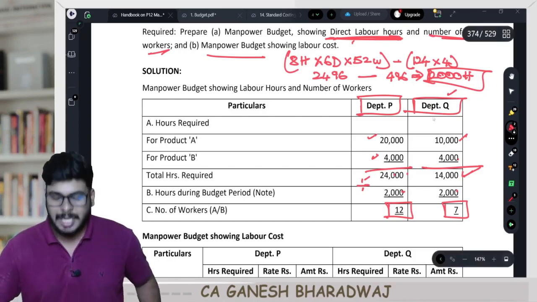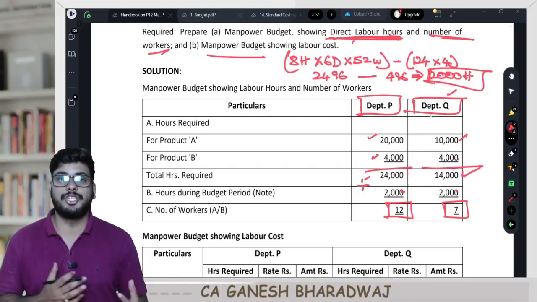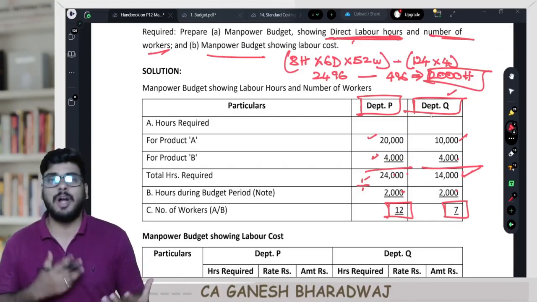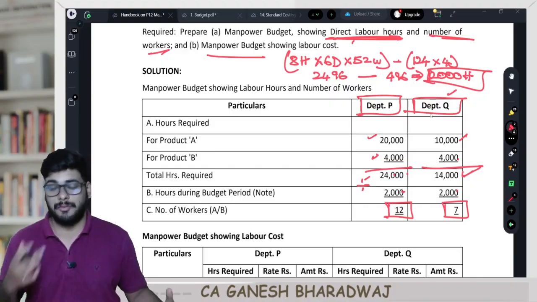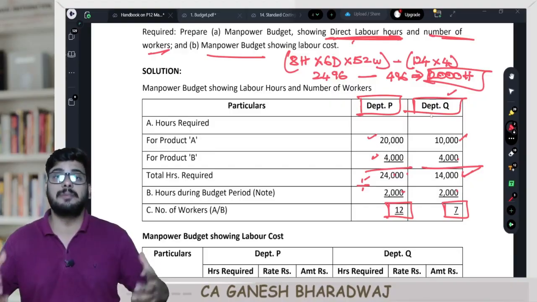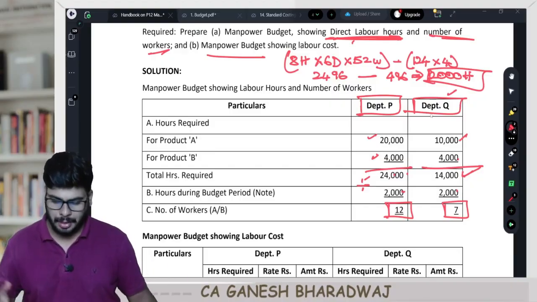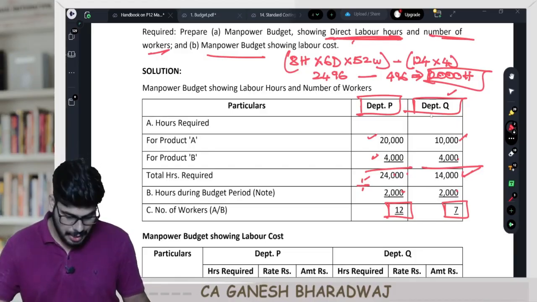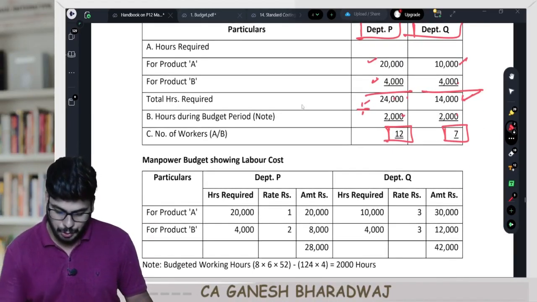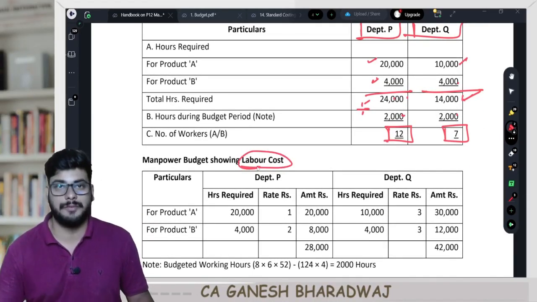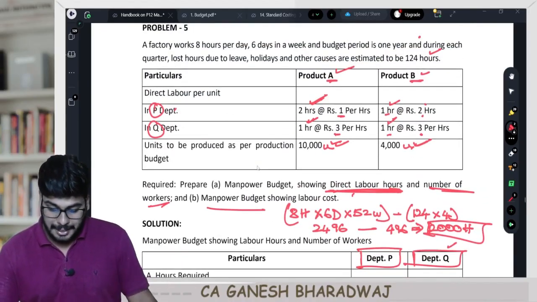Clear with this, guys? Now, the final part of the question talks about the total labor cost in the upcoming period, so the manpower budget showing the labor cost. This is what we are going to do. Now, guys, please be very clear.